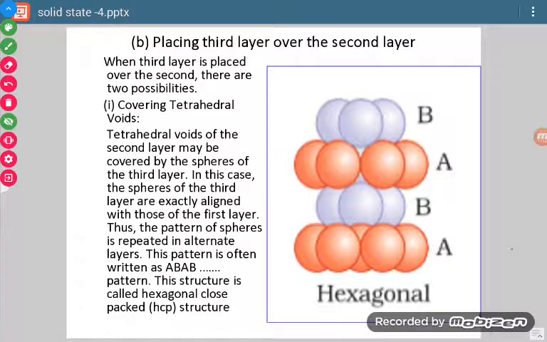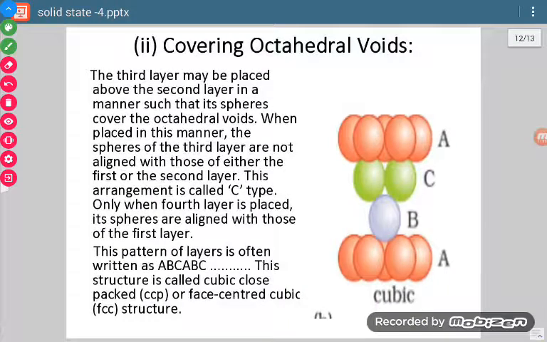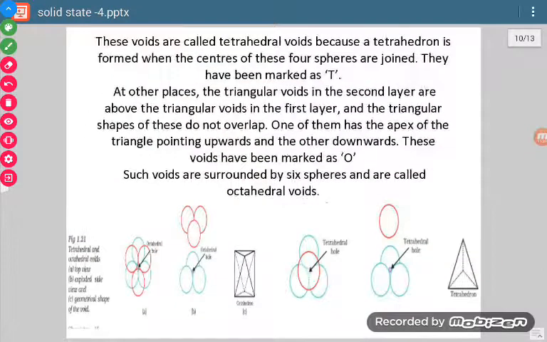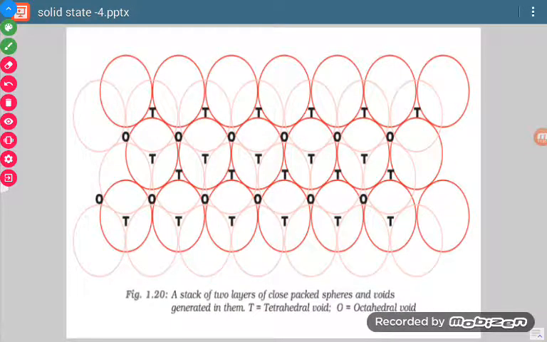Now the next one, if I place the third layer by considering this as center, this one as center, then what is going to happen?